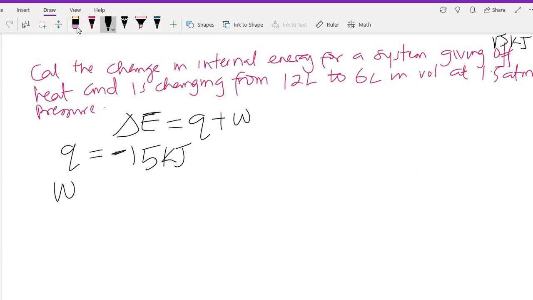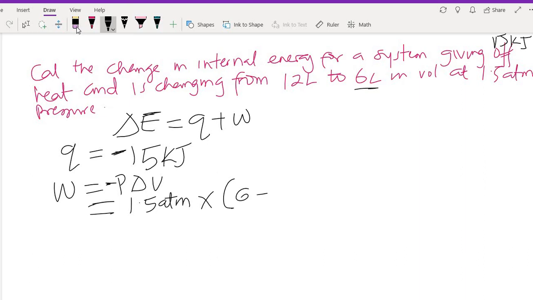Then our work is negative P dV. So we have our pressure to be 1.5 atmosphere times the change in volume. Our final volume is 6 and the initial was 12.